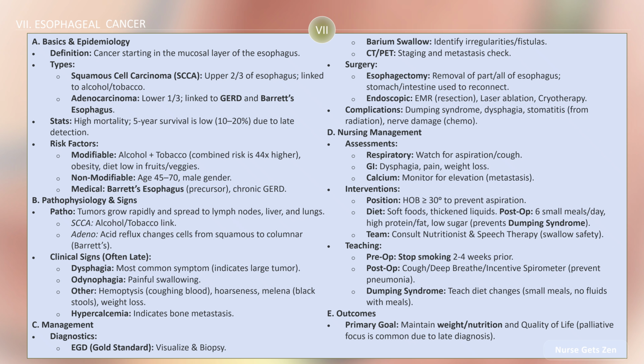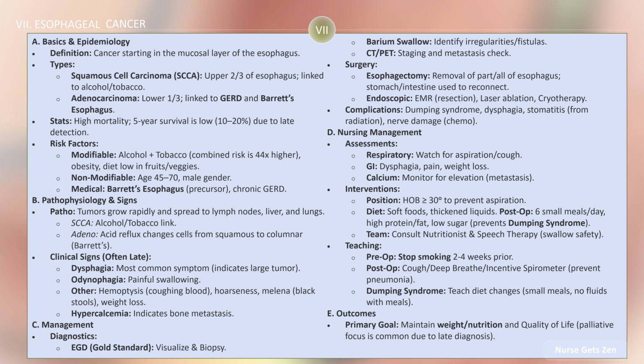For clinical manifestations, we have dysphagia, painful swallowing, and others like coughing blood, hoarseness, melena, which is black stools, weight loss, and hypercalcemia. For diagnostics, we have the EGD.